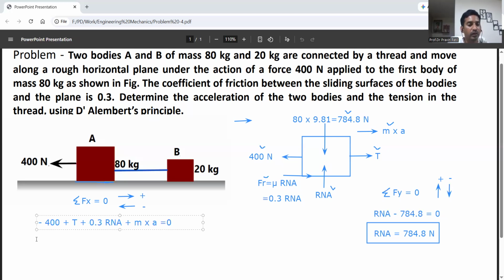RNA we calculated: minus 400 plus T plus 0.3 into 784.8, the normal reaction, plus the mass 80 into A, is equal to 0.